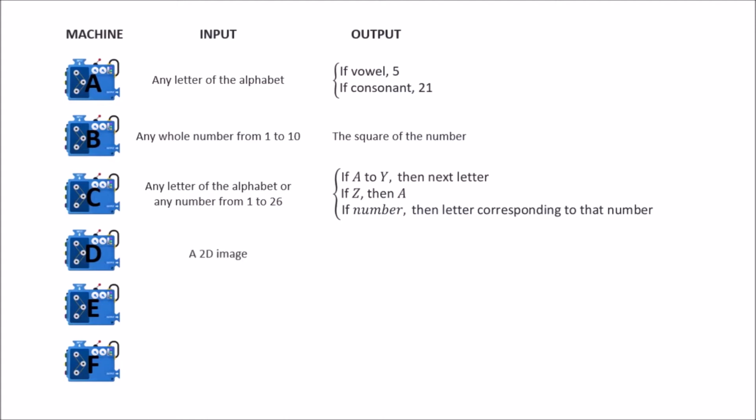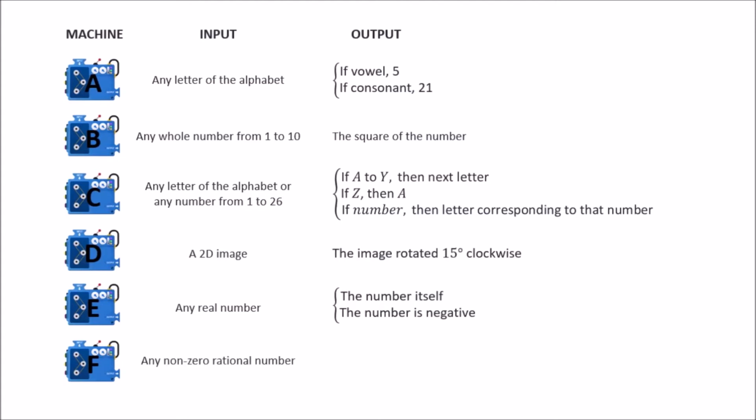Next is machine D, which accepts any two-dimensional image and generates an image rotated 15 degrees clockwise. Next is machine E, which accepts any real number and generates either the number itself or the number's negative. Finally, we have machine F, which accepts any non-zero rational number and generates as output the reciprocal of that number.